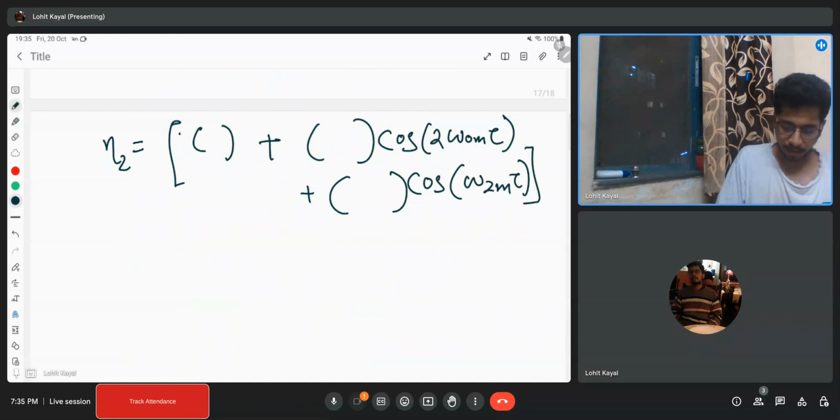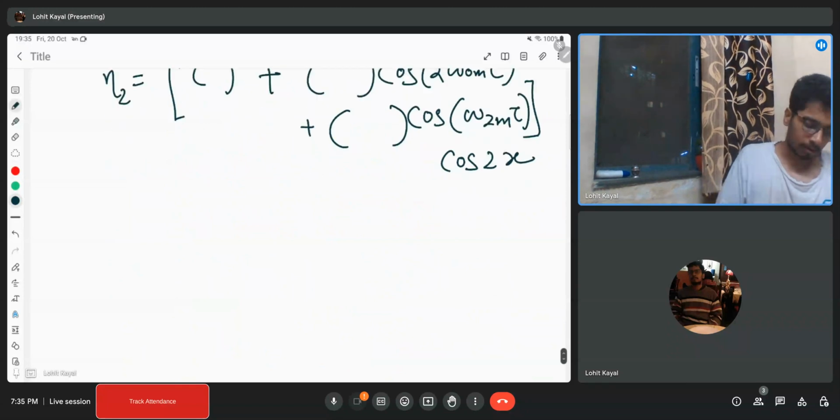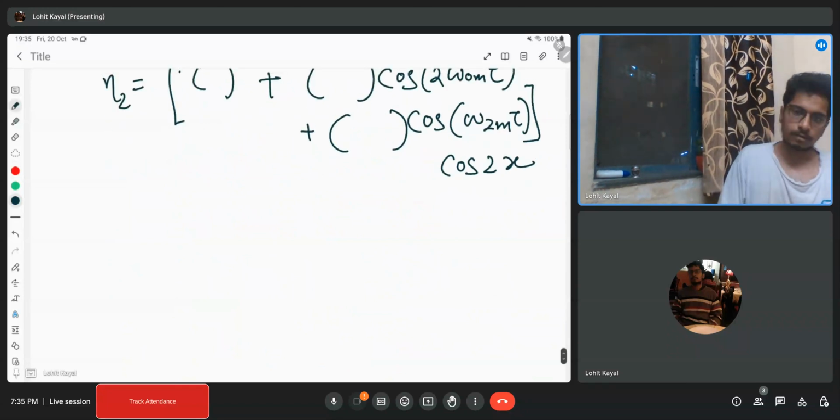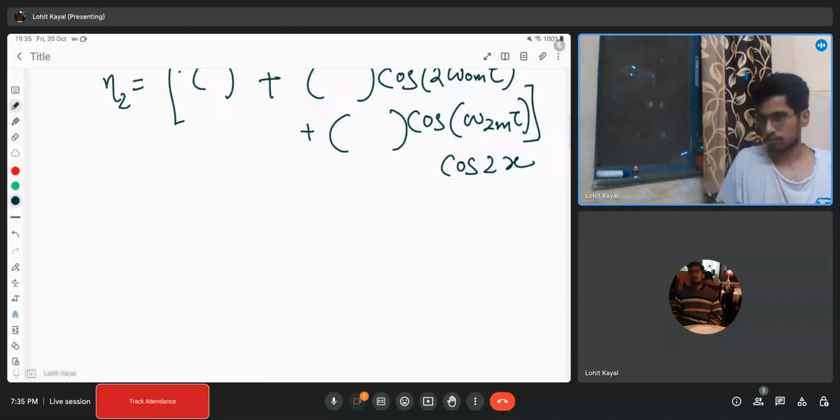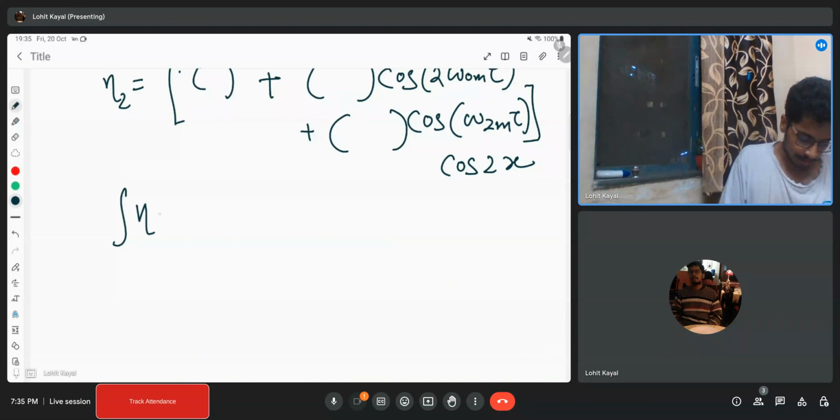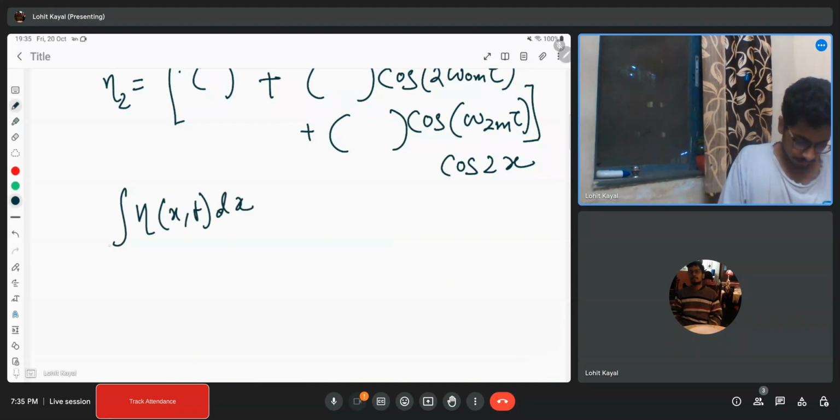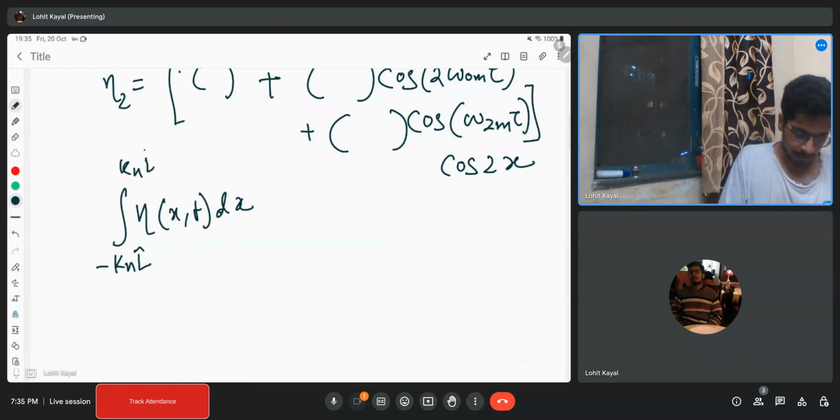Okay, multiplied with cos 2x. Now there will be no contribution from cos 0x for eta 2. Why? Because it needs to satisfy the eta x t dx minus KLL hat equal to 0 condition for each order.